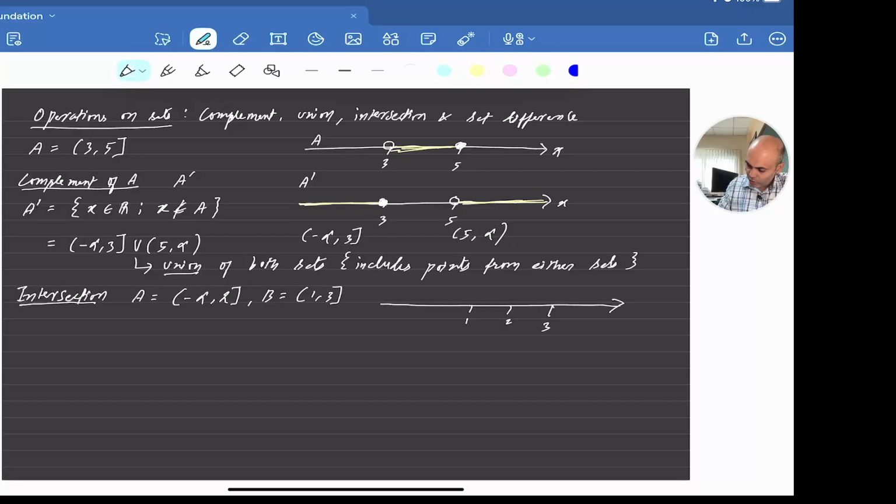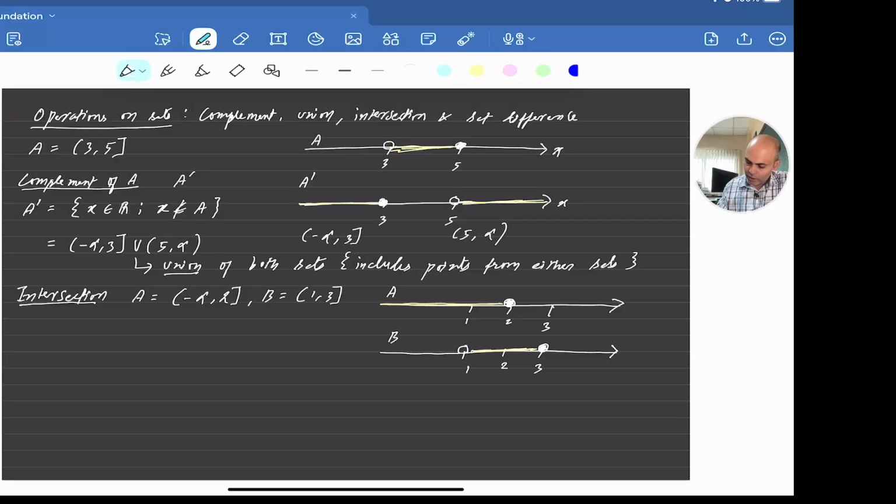So A includes 2 and all points to the left of 2, and B includes all points between 1 and 3, where 3 is included, 1 is excluded. This is B.